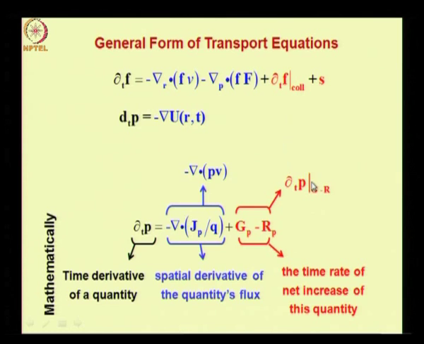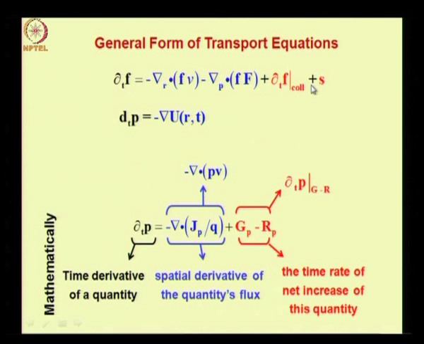Now this is analogous to this entire net excess generation term being cast as dou p by dou t due to generation recombination. So if we use this nomenclature used for Boltzmann transport in the context of the whole continuity equation, we could have written this term Gp minus Rp as dou p by dou t corresponding to generation recombination.